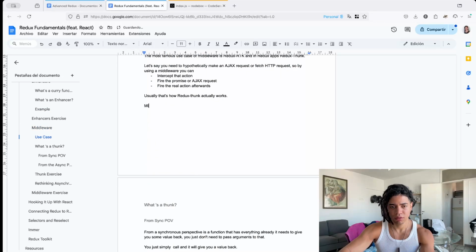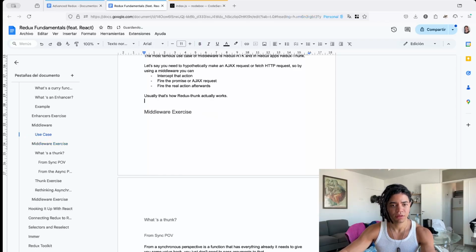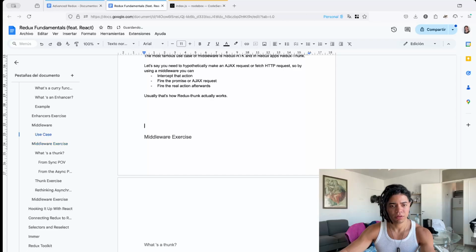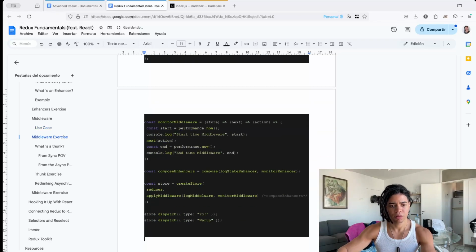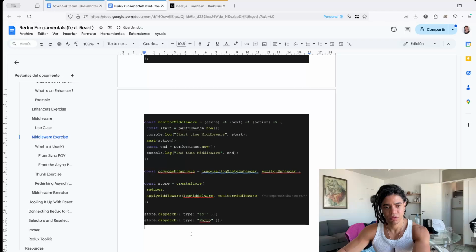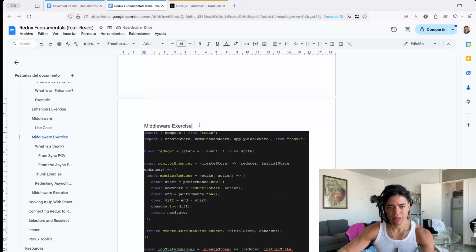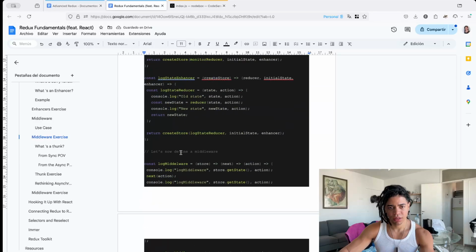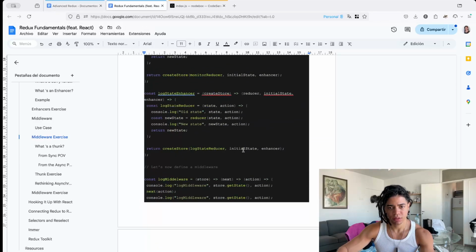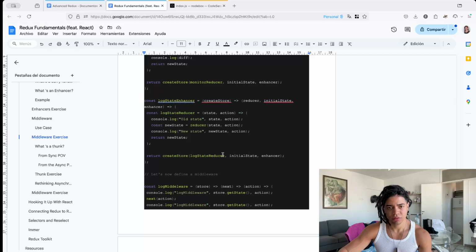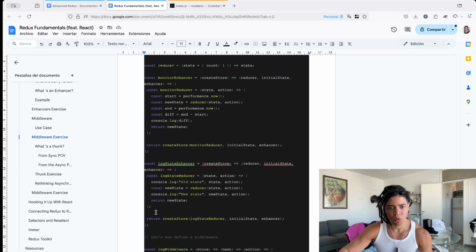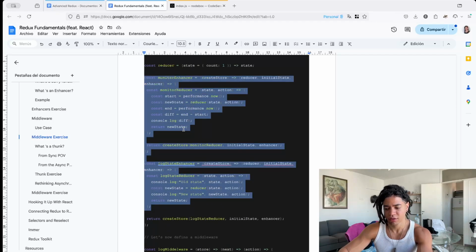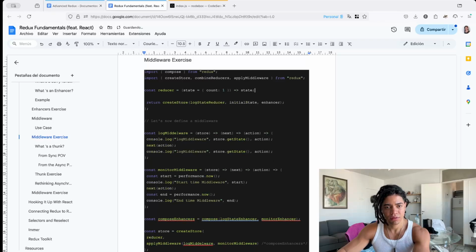Middleware exercise. The idea here is the log state reducer, that is your enhancer. I don't want to pass any log enhancer here.